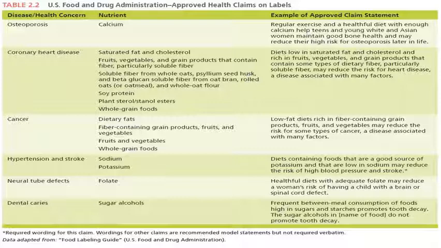Diets low in saturated fat and cholesterol, rich in fruits and vegetables, and products that contain some types of dietary fiber, particularly soluble fiber, may reduce the risk of heart disease, a disease associated with many factors. And these are the nutrients in each of these products that have these disease and health concern claims. So I thought this would also be interesting for you to look at and to have.